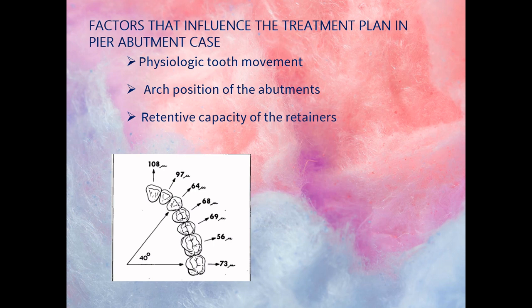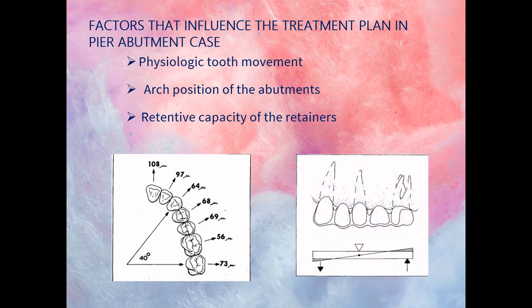These movements of different magnitude and in different directions can create stresses in a long span FPD, and these stresses are transferred to the abutment. Because of this great length through which the movement occurs and also because of the independent movement of the abutment teeth, the pier abutment can act as a fulcrum.